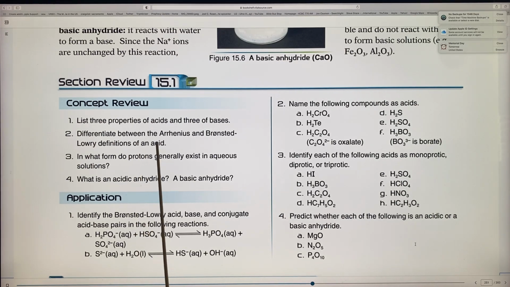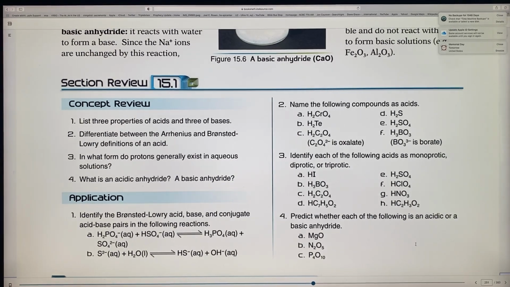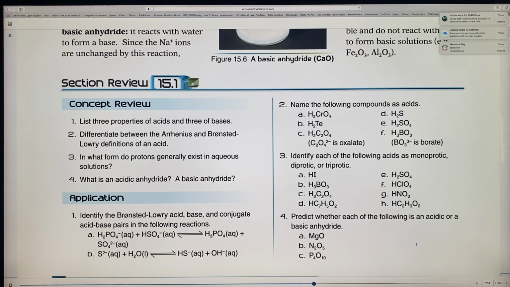And so in that situation, it's going to be an acid. Now, if it was a base, it would be getting rid of a proton, so of hydrogen. So the difference is that Arrhenius has the H and the OH, and the Bronsted-Lowry is actually accepting a proton. Just think of Bronsted as talking about a proton, and Arrhenius as talking about the hydrogen ion. That's basically the main difference.